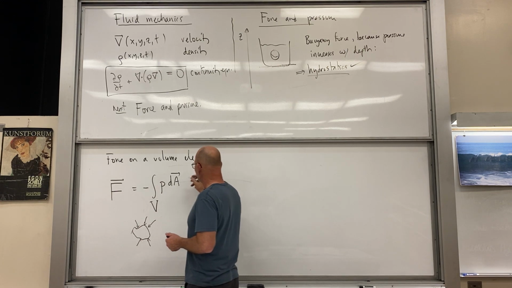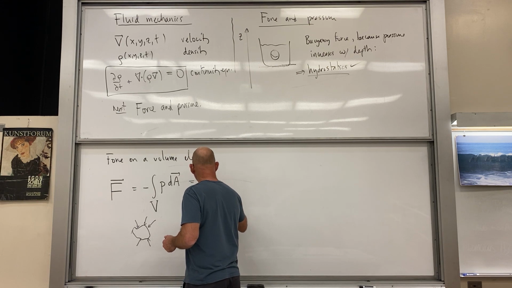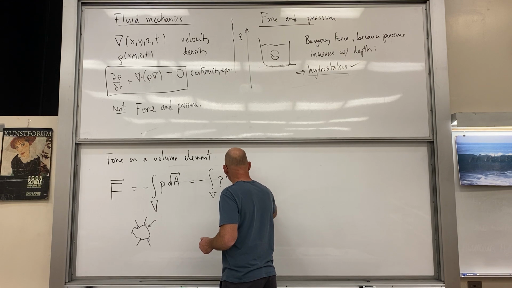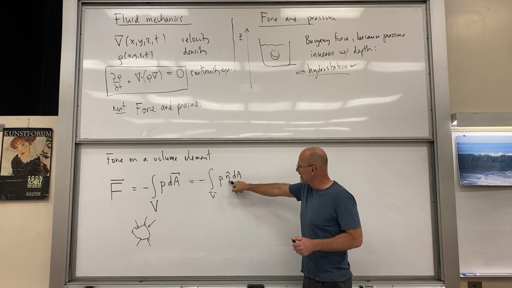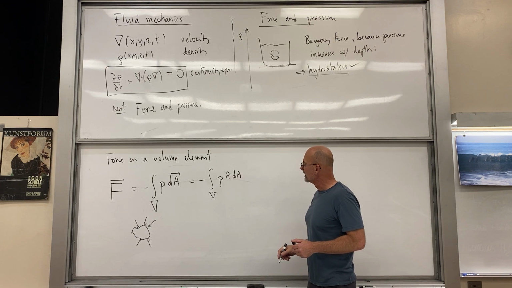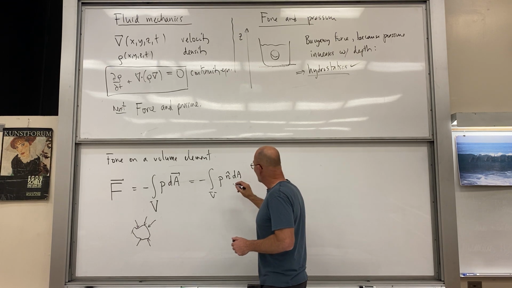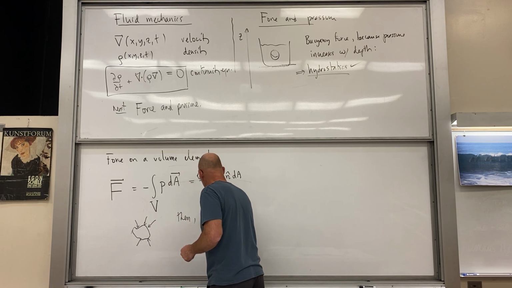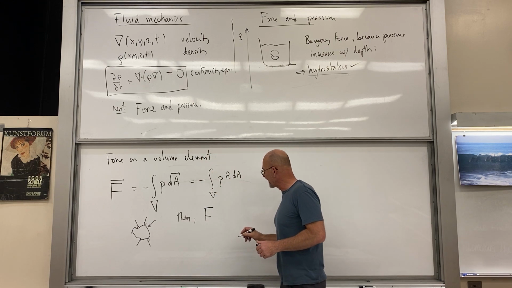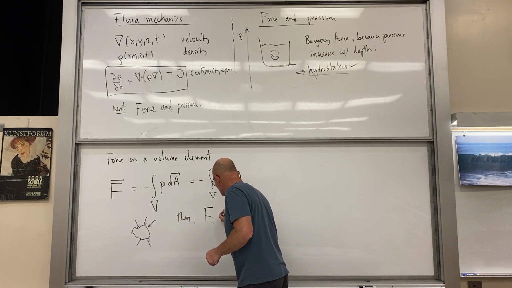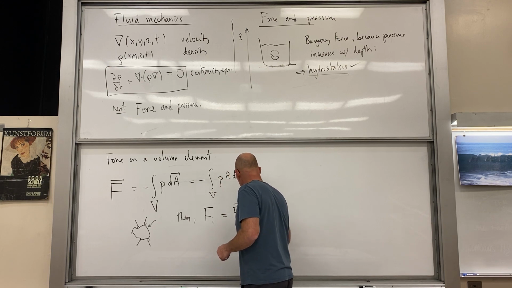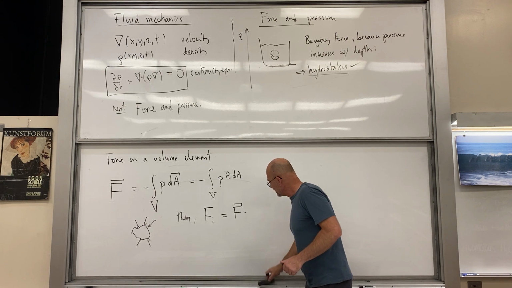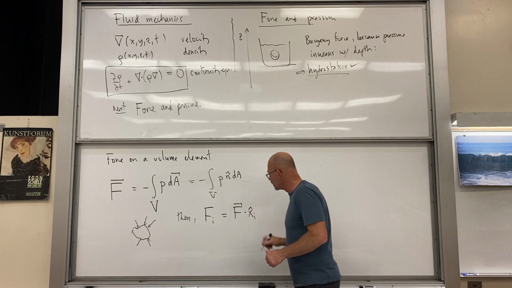Okay, so what we can now do is also write P n hat d area. So there's explicitly the surface normal. And next, F in, say, the i direction is equal to this vector dotted into the xi hat unit vector direction.